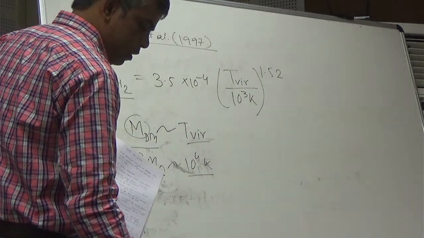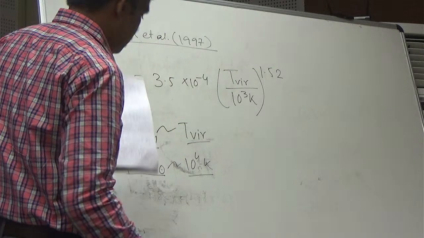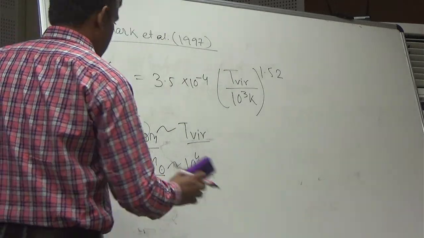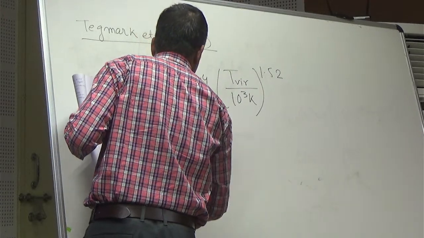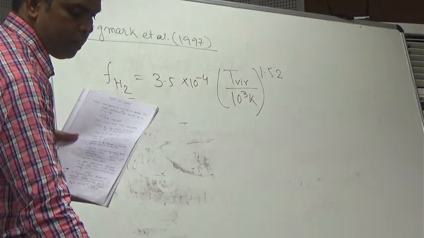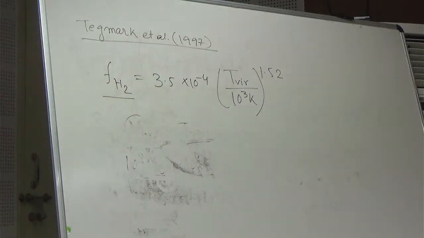Now the same paper also gave another relation. You need a certain amount of molecular hydrogen to start Pop III star formation.